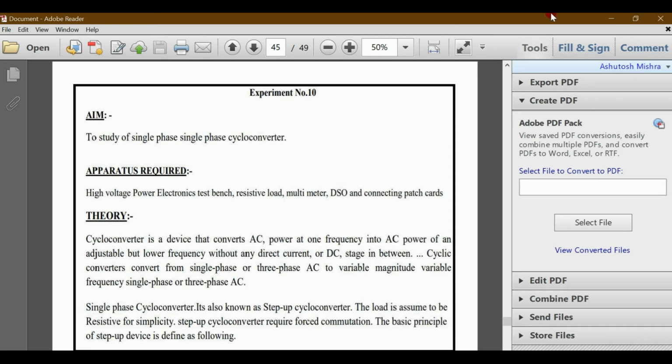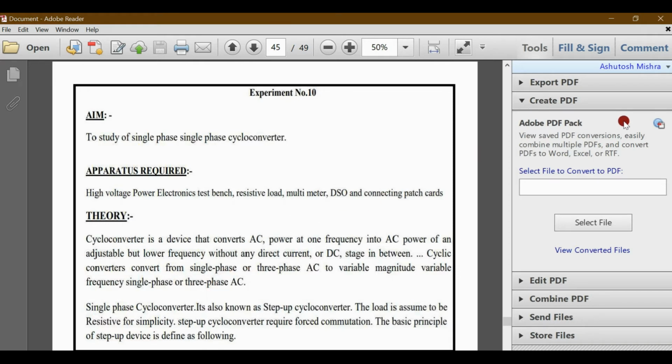A cycloconverter is a device that converts AC power at one frequency into AC power of another adjustable but lower frequency. So this is basically a step down cycloconverter.